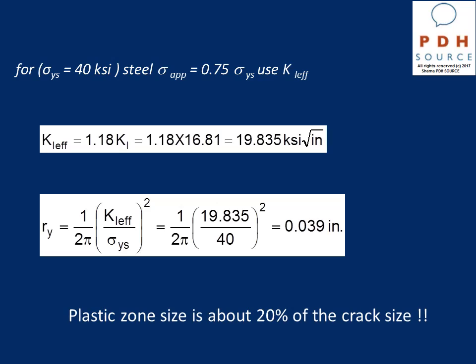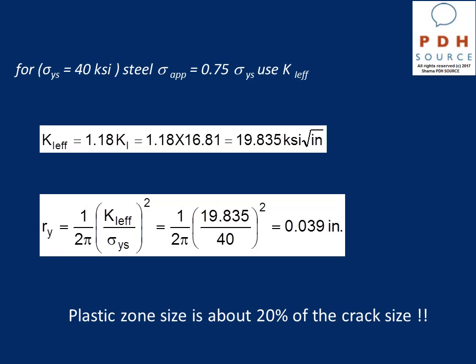Now if you calculate the size of the plastic zone using this value, plugging it into the equation, you end up with 0.039 inch as the size of the plastic zone. And if you take this value and divide it by 0.2 inch, which is the crack length, you end up with about 20% of the crack size.